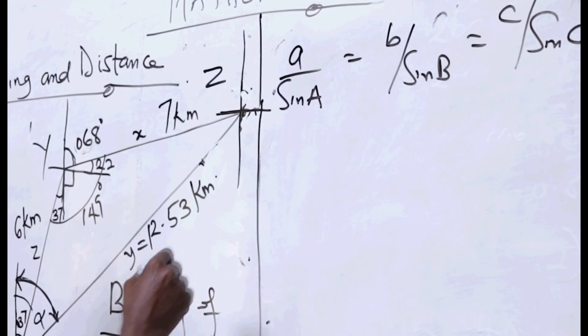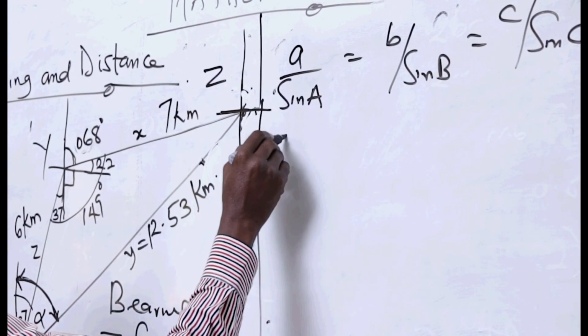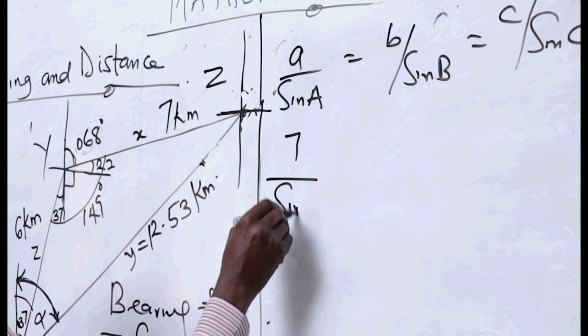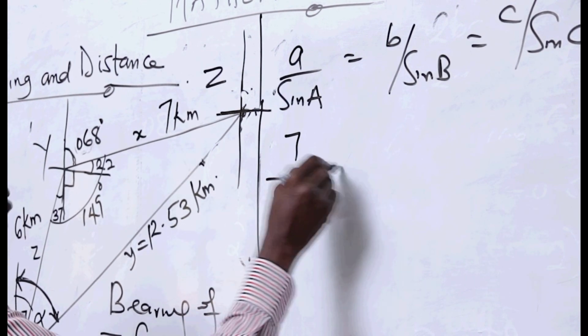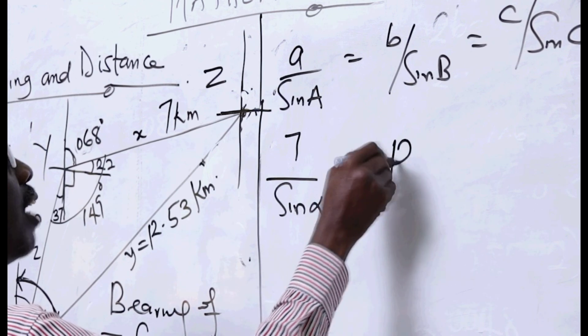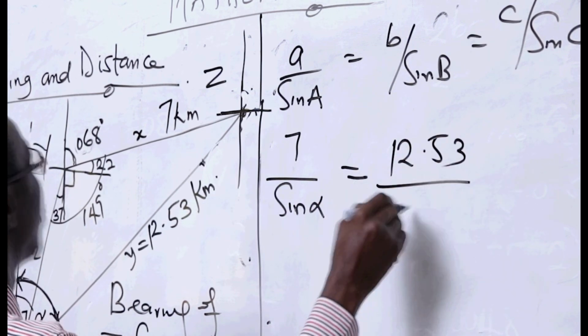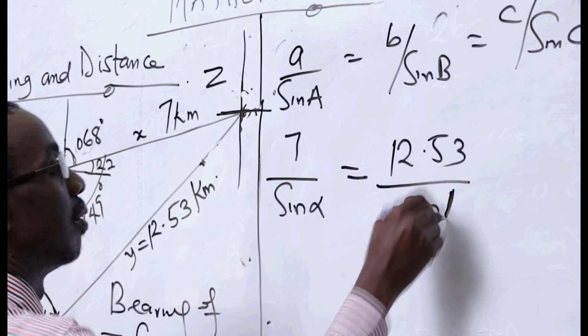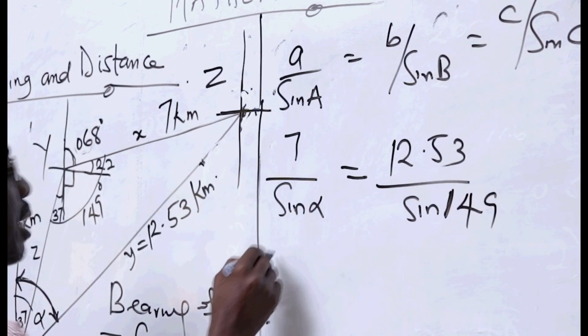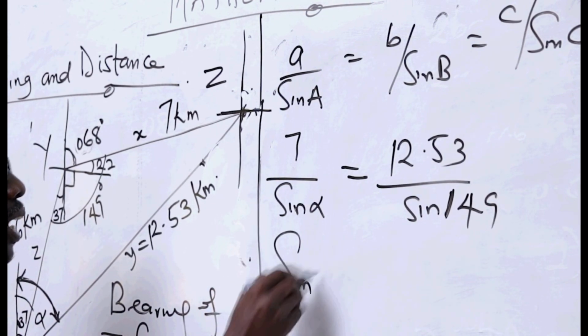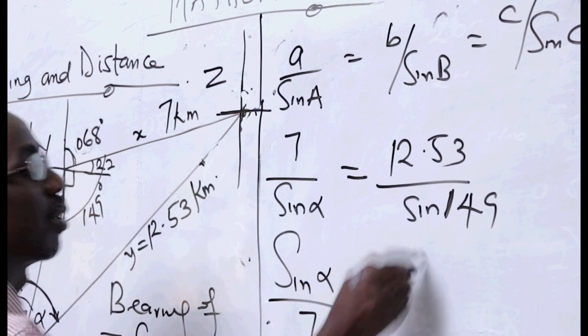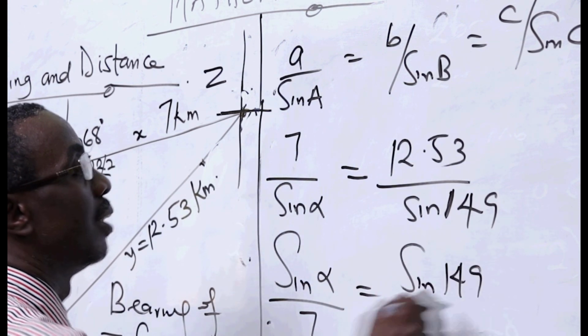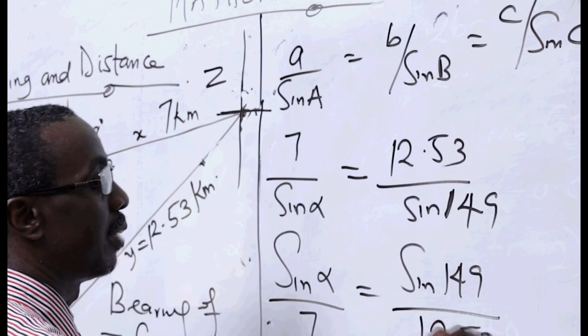For this, it will be 7 over sine alpha, which is equal to 12.53 over sine 149. It's the same thing as sine alpha over 7 is equal to sine 149 over 12.53.